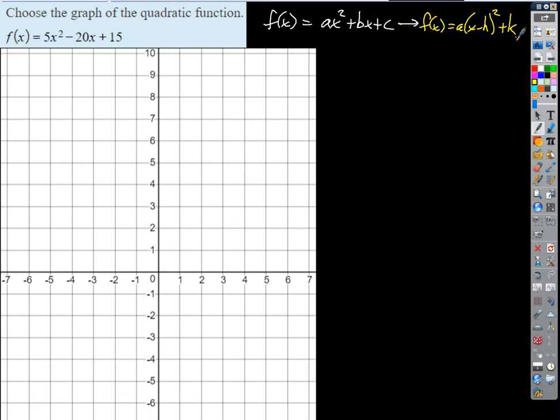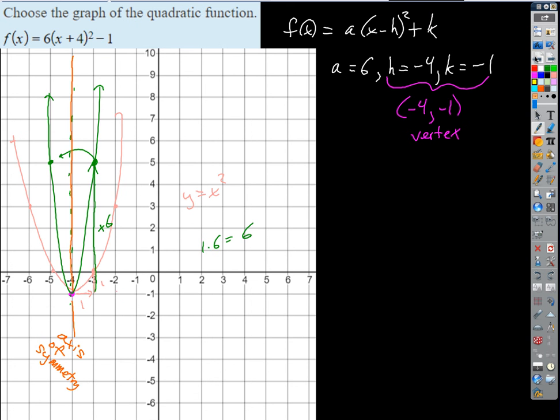But we don't really have to go through the whole process of converting it. All we have to do is figure out what values we're going to plug in for A and H and K. We don't even really have to write it down that way. All we need to know are the values of A and H and K, and then we can make the graph, right? If we knew that stuff, think about the last example. All we needed to make the graph was that information, right? Once I had that information, it was easy, right?